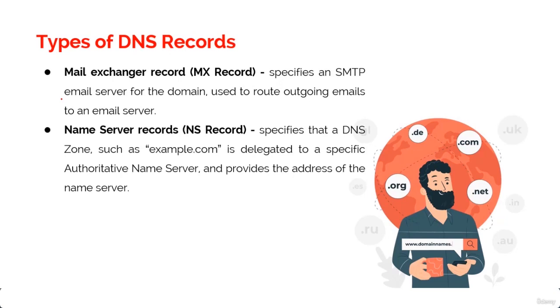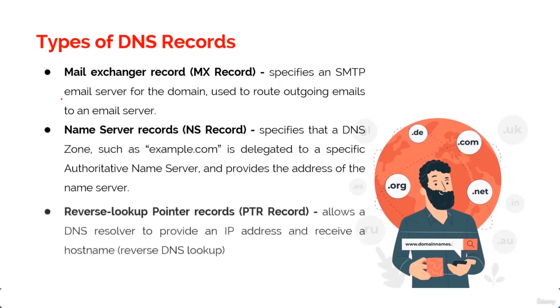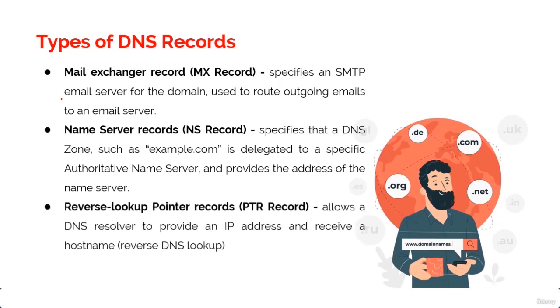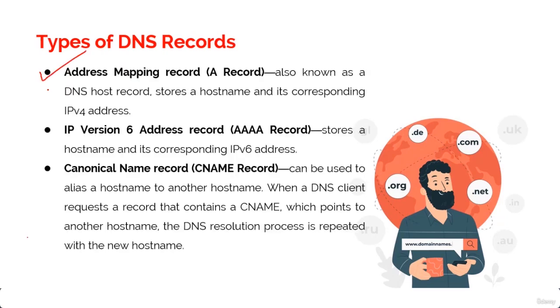Next is the certificate record, that is the CERT record. Now, the certificate record stores encryption certificates, for example, PKIX, that is Public Key Infrastructure, SPKI, PGP, and so on. Now, when you go to www.google.com in the web bar, there is a small lock here, okay?